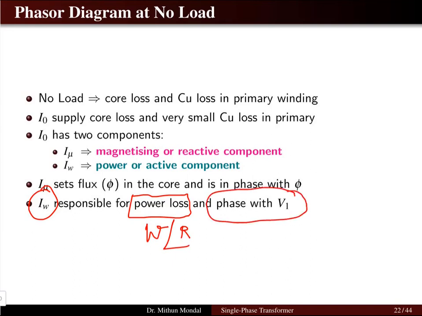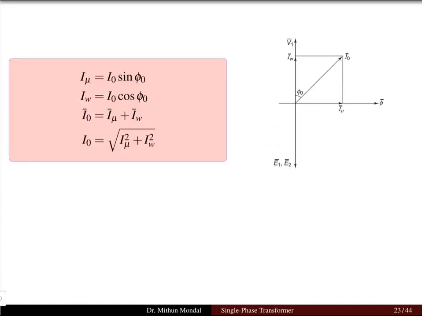So note here, I mu, the magnetizing component, is in phase with flux, and IW, that is the working component or the core loss component, is in phase with V1. So if we take the flux as the reference, we can say that the I mu component of the no load current is in phase with phi, whereas the IW component is in phase with V1.